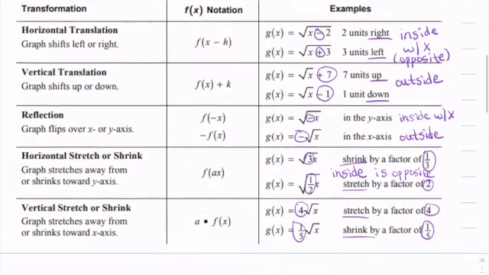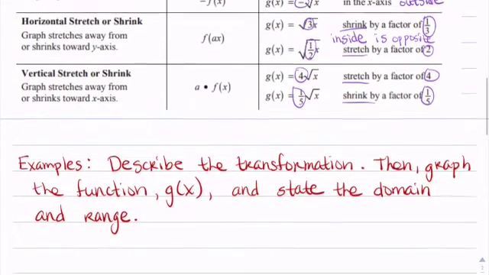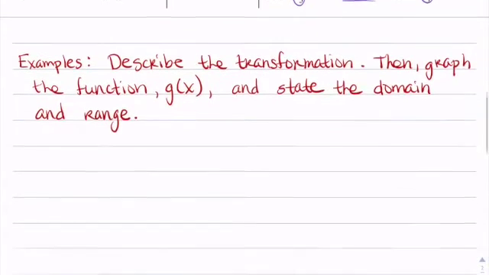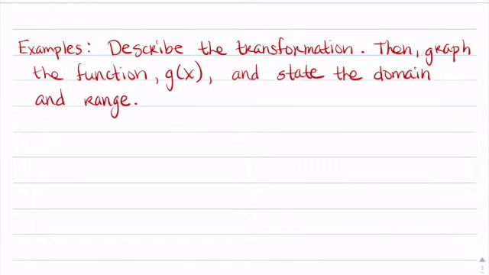We are going to describe the transformation that's happened and then graph our new function g of x, and state the domain and range for that new function. We know our domain and range for our basic parent functions that we just talked about at the top of the page.